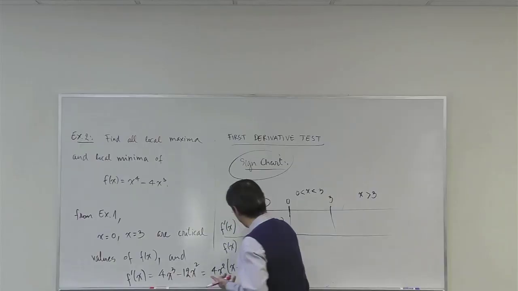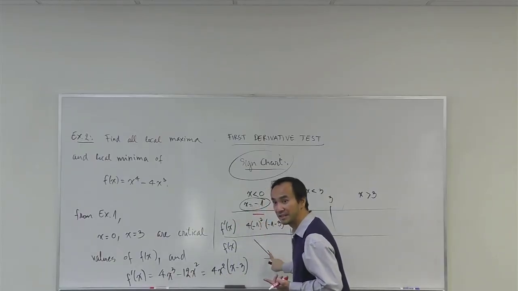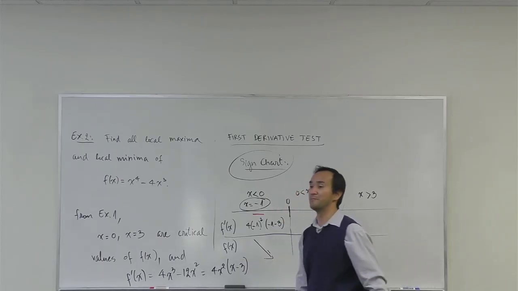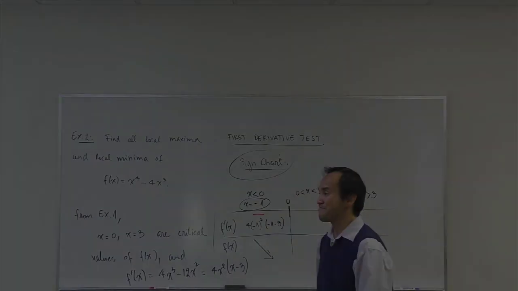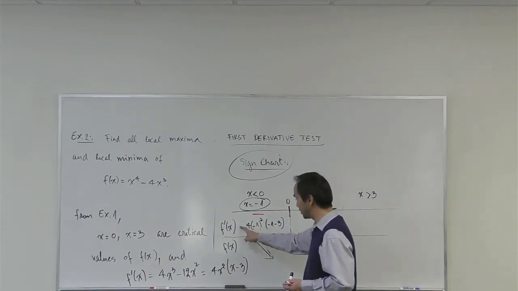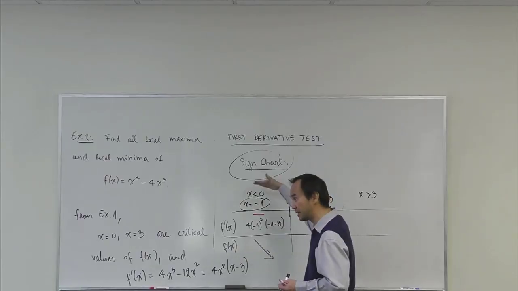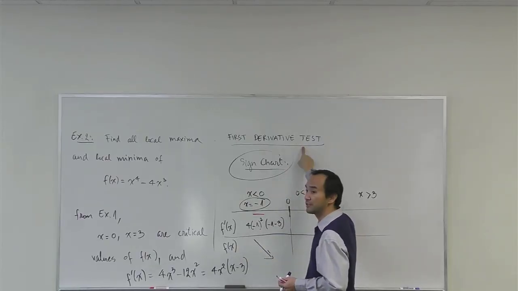Just now we found out that the derivative in that interval is negative, so the function has to be decreasing in that interval. So the sign chart checks the sign of the derivative, and it also tells the behavior of the actual function in terms of increasing or decreasing. That's why we call it the first derivative test.